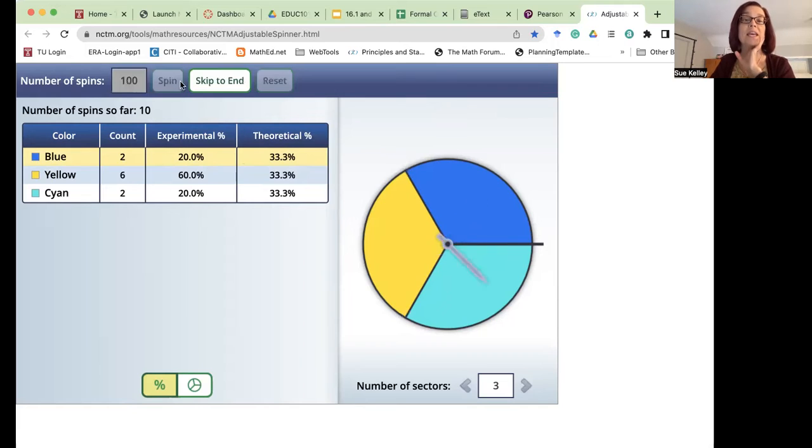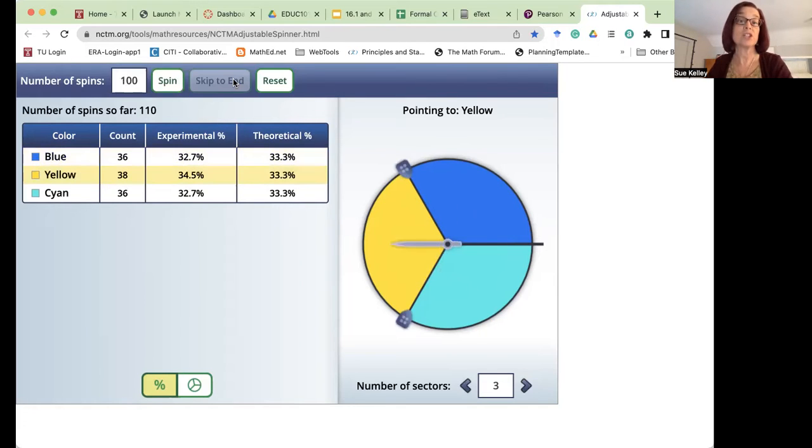Click the spin, and I'm going to skip to the end again, just for time's sake. And you'll notice, wow, we're looking a lot closer to our theoretical after spinning 110 times. Right? Much closer than after we spun 5 times or 10 times. And we could keep going, right?